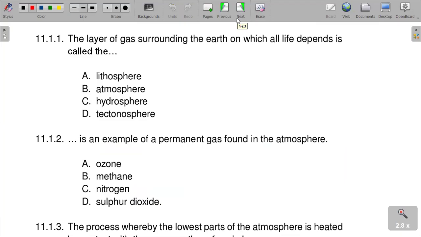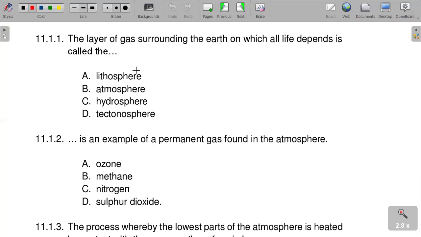The layer of gas surrounding the earth on which all life depends is called dash.